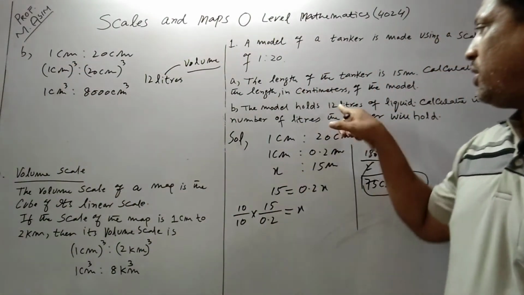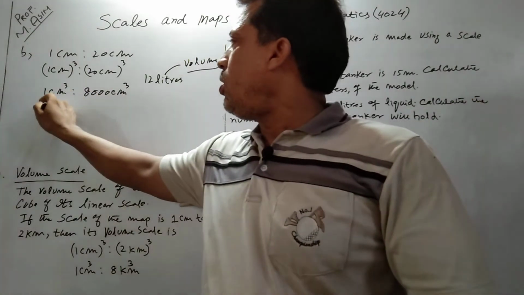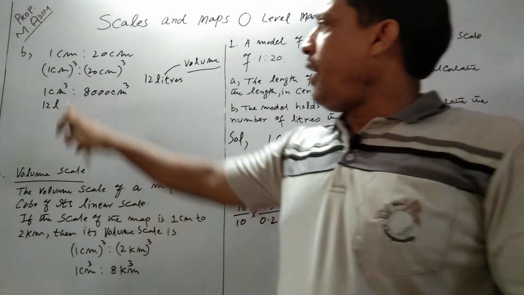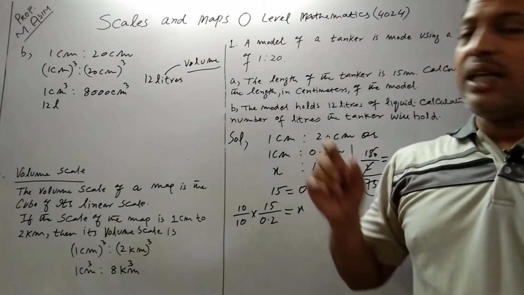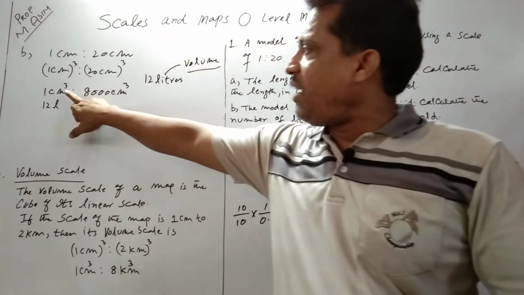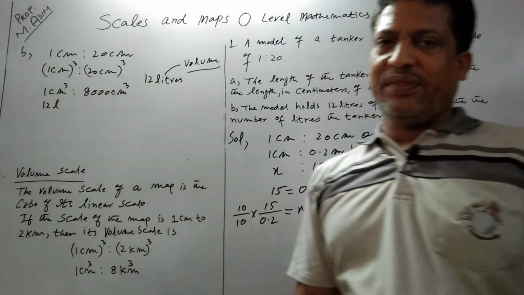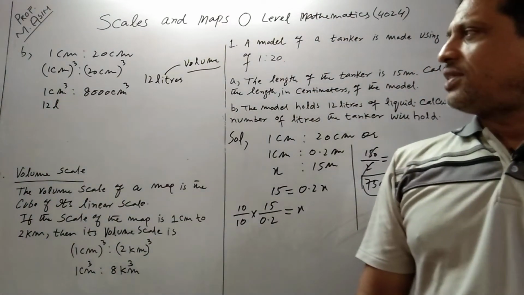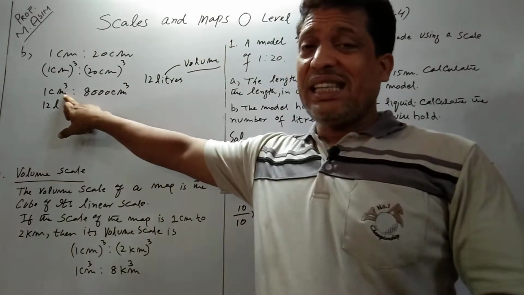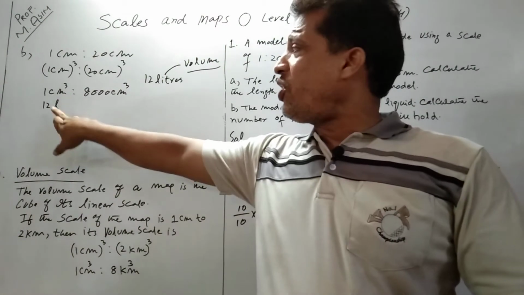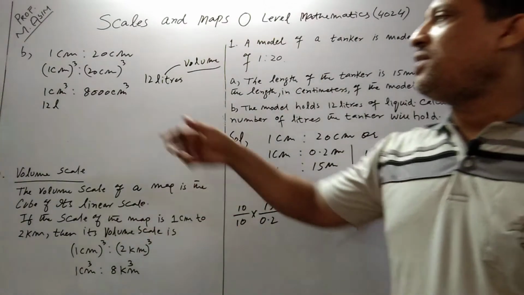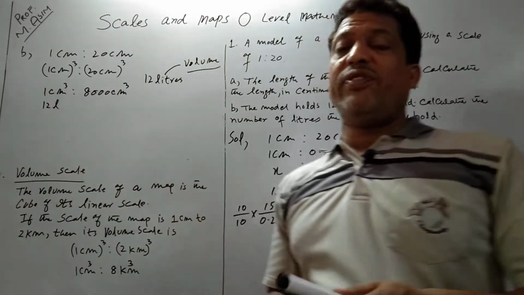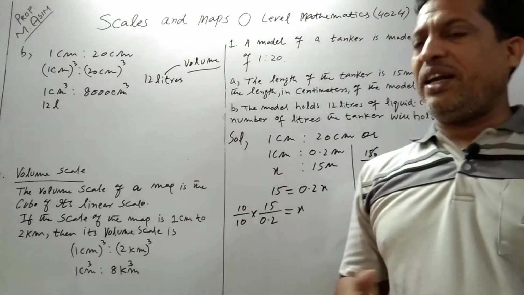So if you put this 12 liters below the value of 1 centimeter cubed, this is wrong, because this is centimeter cubed and this is liter. Now you have two choices: convert this centimeter cubed into liter, or convert this liter into centimeter cubed. It is easy to convert 12 liters into centimeter cubed.